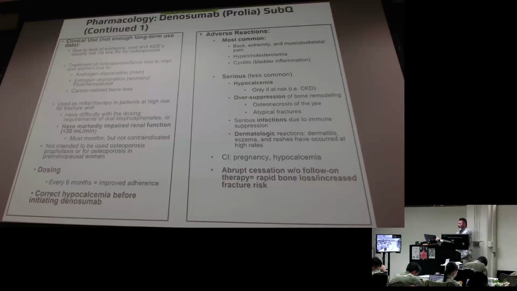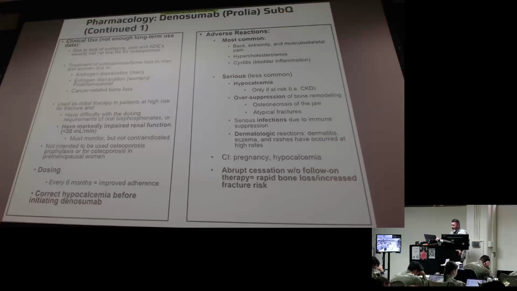Once again, just like with the steroids, if you stop it, you have to have an anti-resorptive on board, right? It's not intended to be used as osteoporosis prophylaxis or for osteoporosis in premenopausal women.